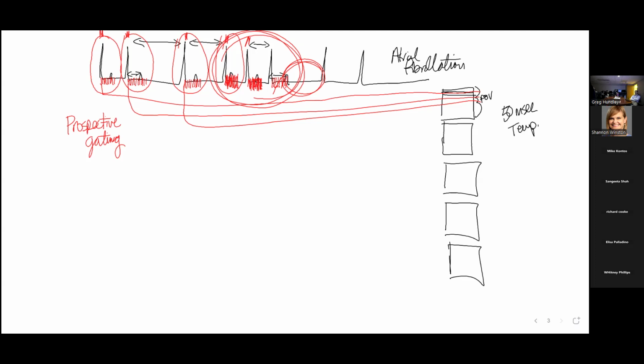And we're still able to use this nice case-based segmentation that allows you to get very high spatial resolution.